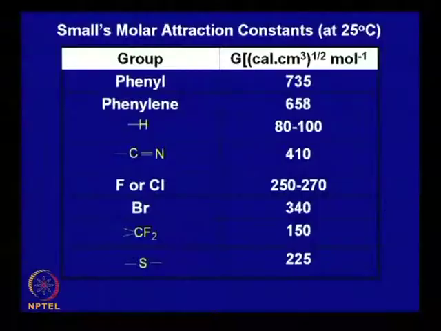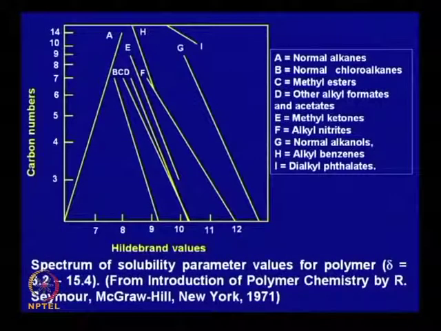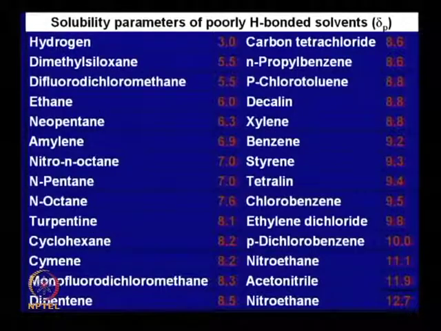What is the solubility value? Okay. Look at the data. So, from these molar attraction constants, you can calculate the solubility parameter. Look at the solubility parameter values which were calculated or experimentally determined.